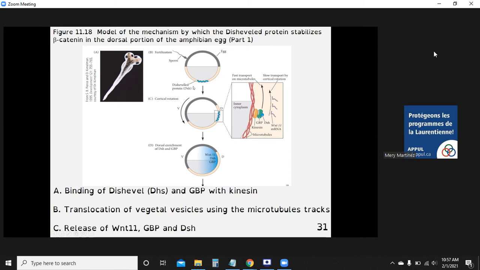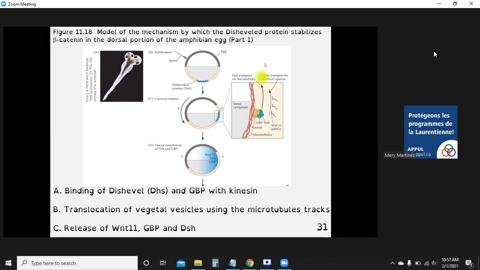So after fertilization, we see that dramatic 30 degree turn, and the vegetal vesicles translocate dorsally. This is ventral, this is dorsal. And here is where we have the gray crescent. So the cortical rotation is the transportation along the fast-track microtubules, right? So these are the microtubules that attach.